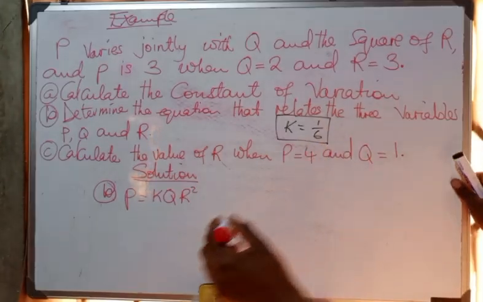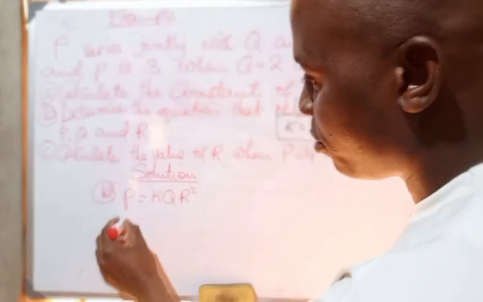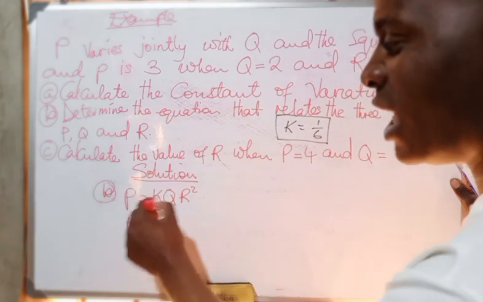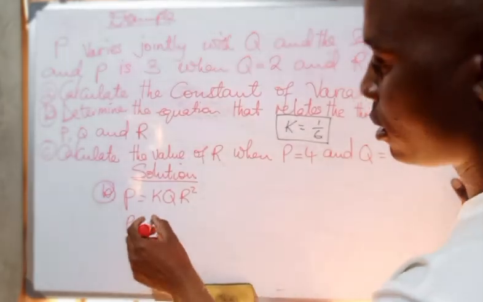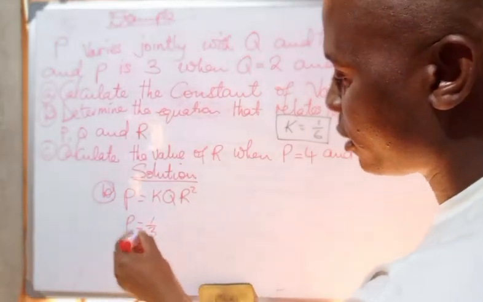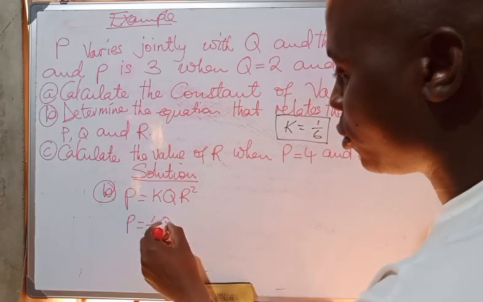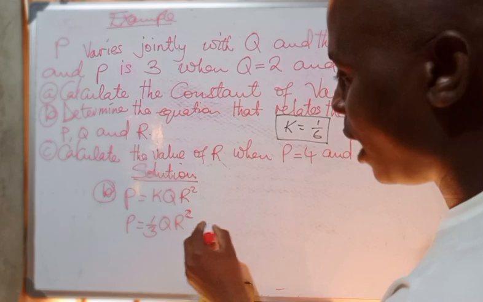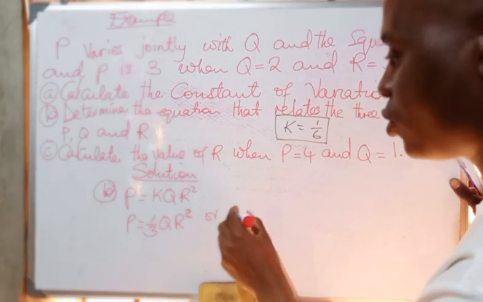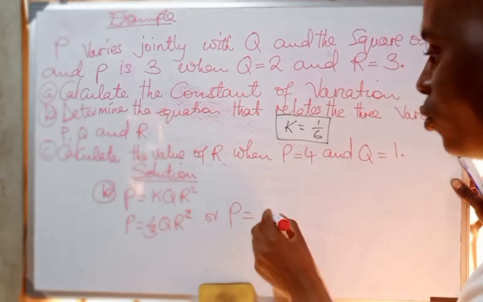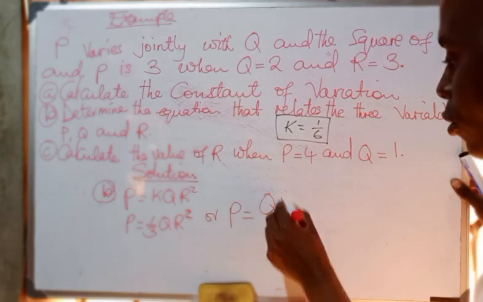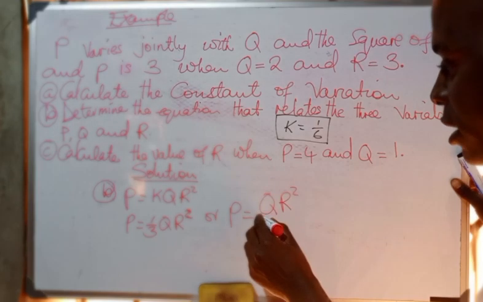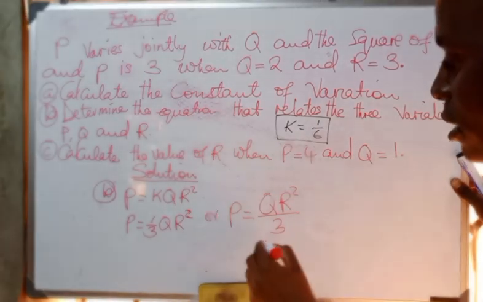The equation will be P is equal to, we put the value of K, which is 1 over 3, so Q, R squared. This can also be written as P is equal to Q, R squared over 3.